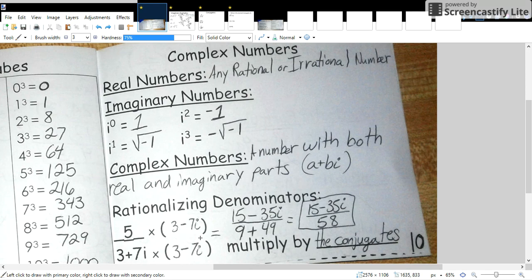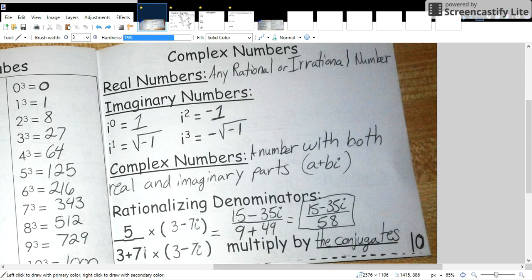Now we have a specific desired conjugate that we want, and we will only change the sign of the number that has an i or a radical in it. So we're not going to change 3, we're just going to change the 7i part.